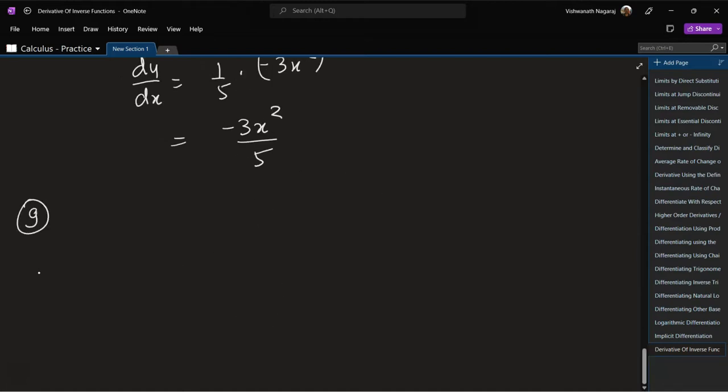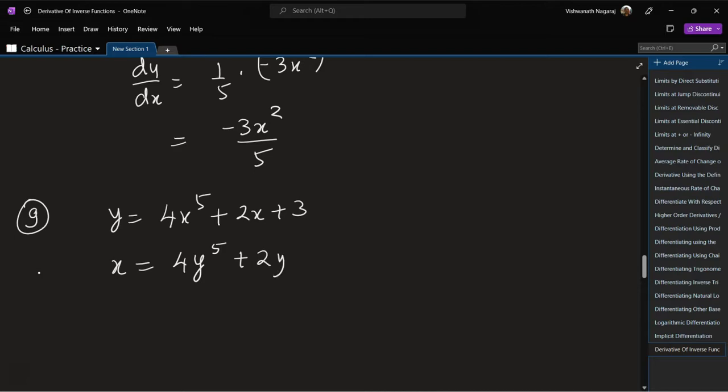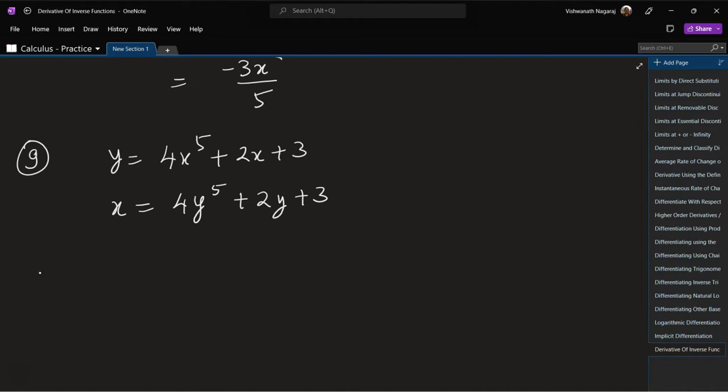Okay, ninth one. Y is equal to 4x to the power of 5 plus 2x plus 3. So let's write the inverse of this. X is equal to 4y to the power of 5 plus 2y plus 3. Now here it would be tricky to write it in terms of y. So we will leave it as it is. Okay, so let's differentiate.